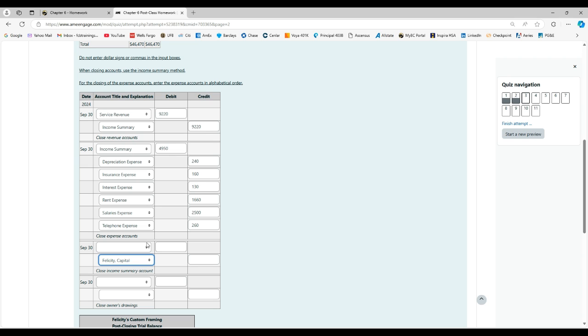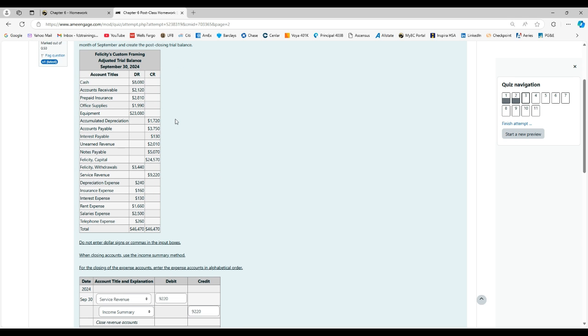We're going to basically put that into capital. We're dumping out the income summary, so it goes to 0. And then we're going to deposit what was in the income summary as a net of these things above into capital. And then we're just going to close draws.